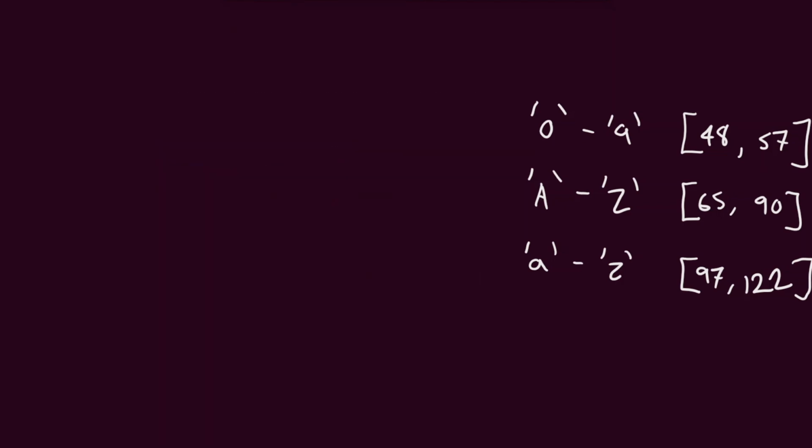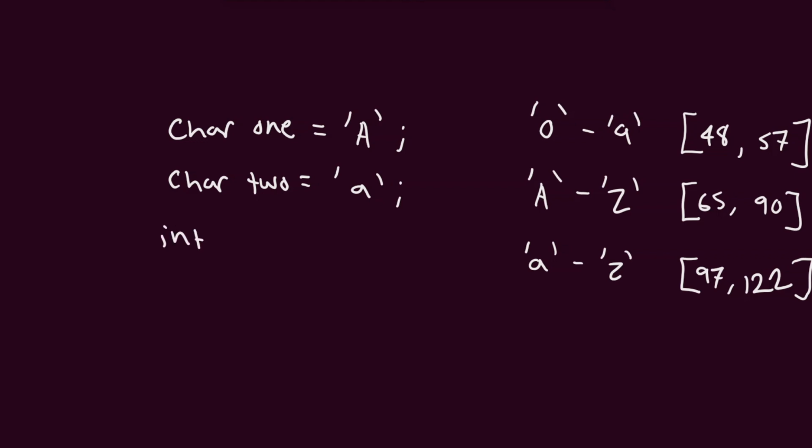So let's say we have the following: character 1 is equal to, let's say, 'A'. Okay, and then we have character 2, and this is equal to lowercase 'a'. We can actually add 1 and 2. So let's say int i is equal to 1 plus 2.